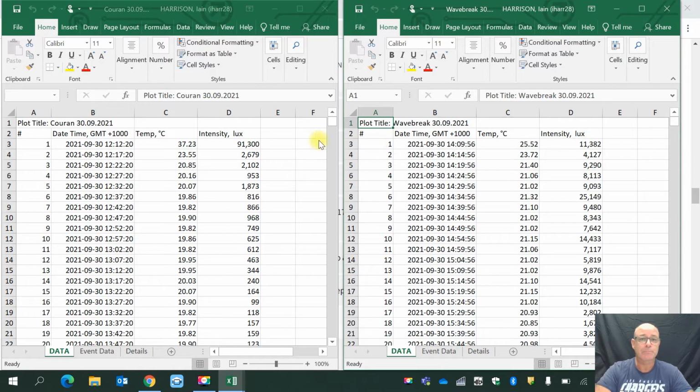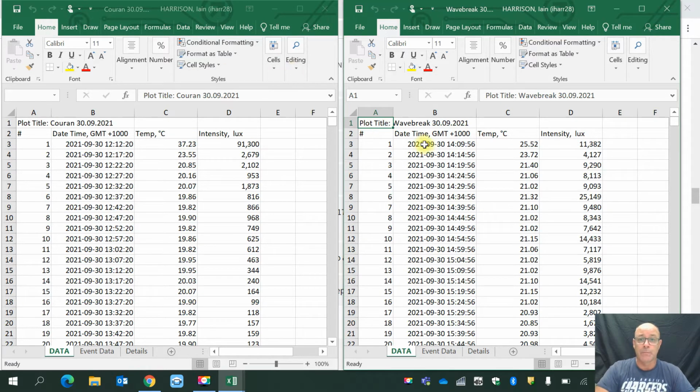As you can see, at Wavebreak Island, we placed a logger in the water that was attached to the arms unit on the 30th of September. And we can also see here at Kerang Cove that we placed a logger attached to an arms unit into the water at 12 minutes past 12. Now, two different times. So we need to represent those times as close as we can for the same period of time for the duration of the deployment of these loggers.